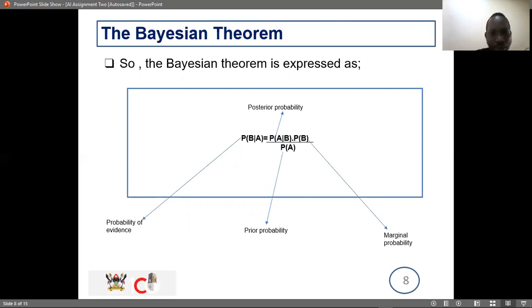So the Bayesian theorem gives the probability of the evidence, as we see here, which is equal to the posterior probability multiplied by the marginal probability over the prior probability, which is the probability of event F, and the probability of the evidence is the probability of the event F.